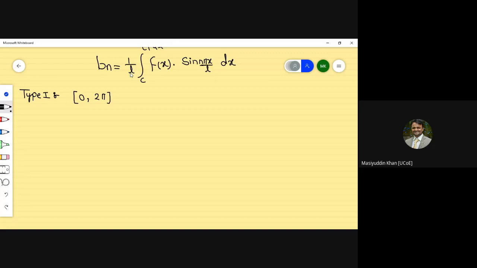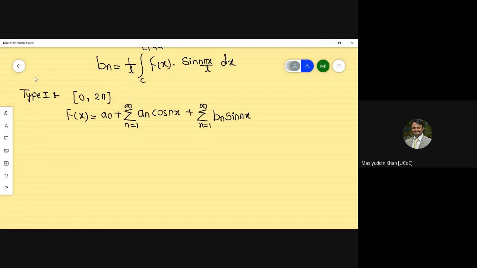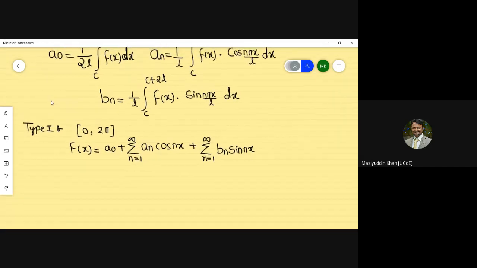Let c be kept as it is, so my formula becomes f of x equal to a0 plus summation of n equal to 1 to infinity a n cos of nx plus summation of n equal to 1 to infinity b n sine of nx.